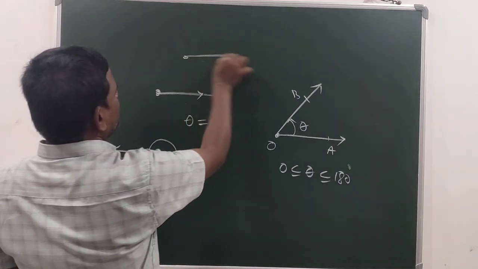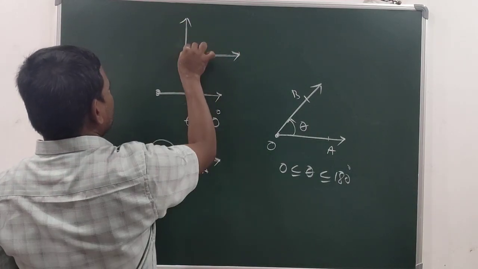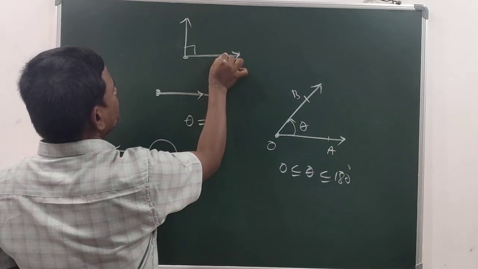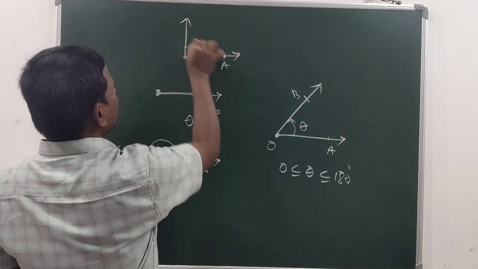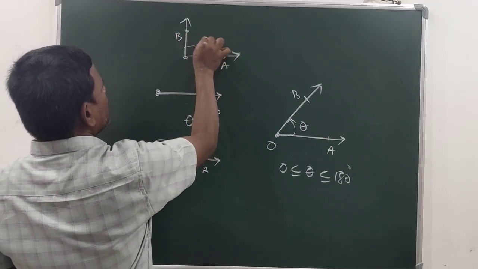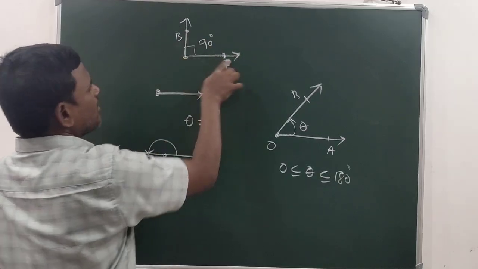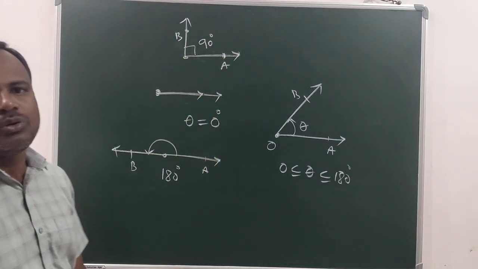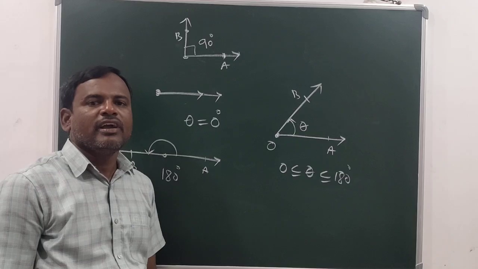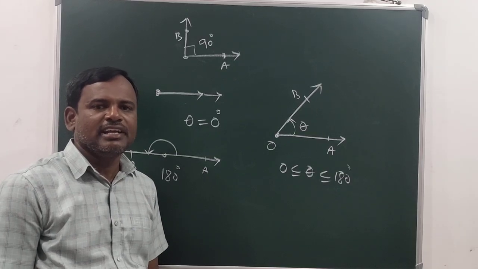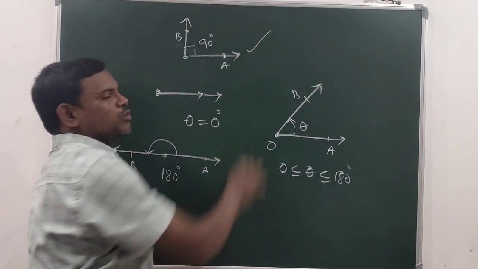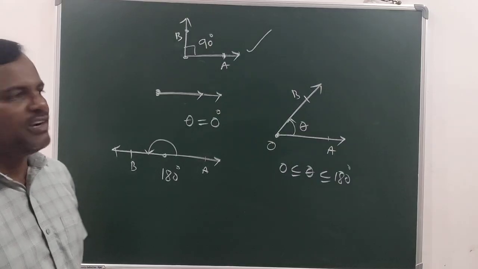If both of them are 90 degrees to each other, then these two vectors are called orthogonal vectors. If the angle between the two vectors is 90 degrees, then such vectors are called orthogonal vectors.